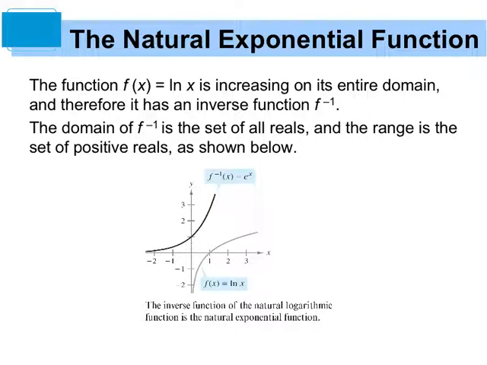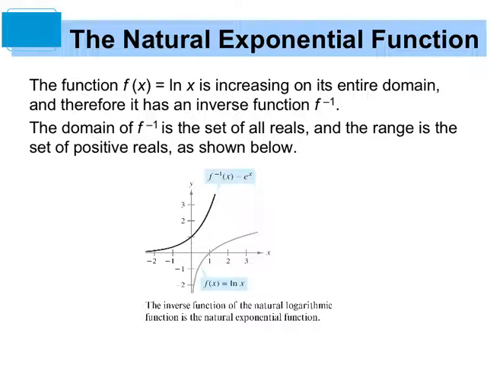Aside from how we define e to the x as being the number such that, as Sam explained, when you take the integral of 1 over x from 1 to some number, you get an area of 1, it also happens to be the inverse function of the natural log. So here's the natural log function that we talked about. It passes through the point (1, 0).